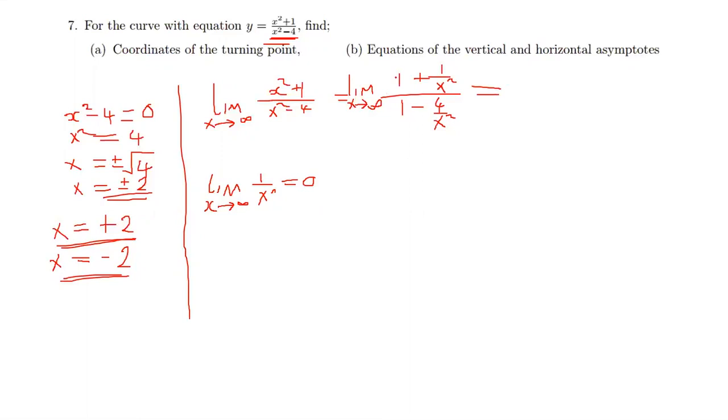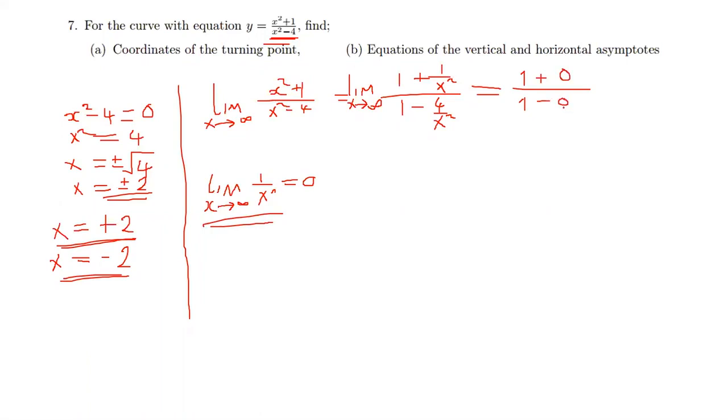So here, the limit of any constant number is the same number. The same applies to the denominator, where you still get a 1. But on these other parts, you get plus 0. The limit of this part when x approaches infinity is 0, by the definition I've written here, and the same applies to this part.